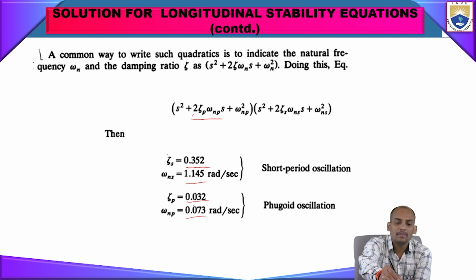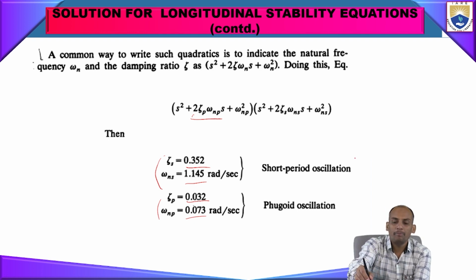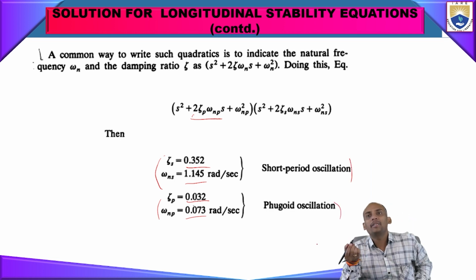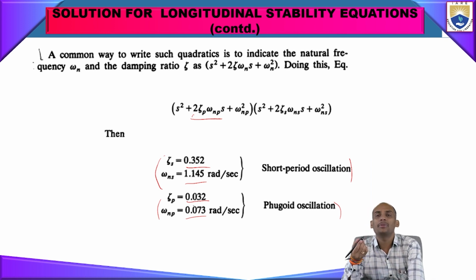These omega ns, zeta s, omega np and zeta p, we call the short period oscillation and the phugoid oscillation. What is the short period oscillation and what is the phugoid oscillation? We will see the phugoid and short period approaches in coming classes.